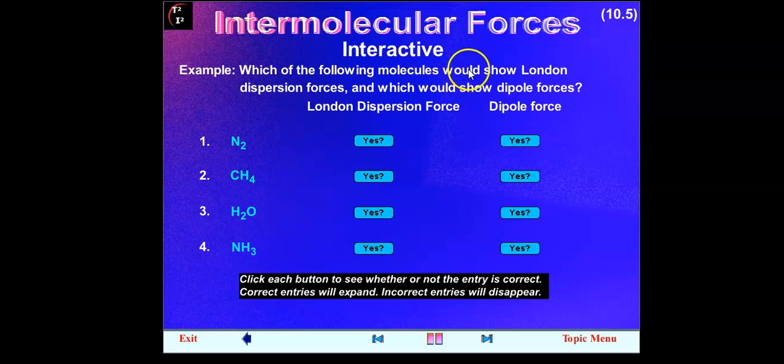Which of the following molecules would show London dispersion forces and which would show dipole forces? These are the molecules, so you have to choose whether it is yes for London dispersion forces or yes for dipole forces.